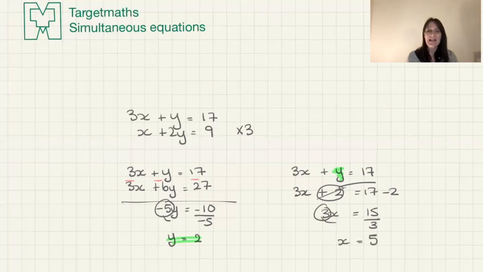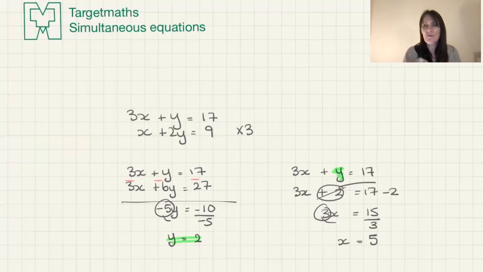Okay. Now, if this is your first experience of the hopping method and you want to see that a little bit more, then go to the channel. There are some quick how-to help videos that shows this hopping method on lots of different types of equations, so you can familiarize yourself a little bit more with it if you've not seen it before. I use it absolutely everywhere.